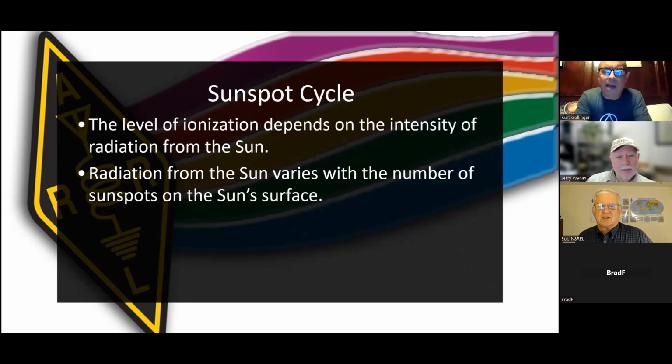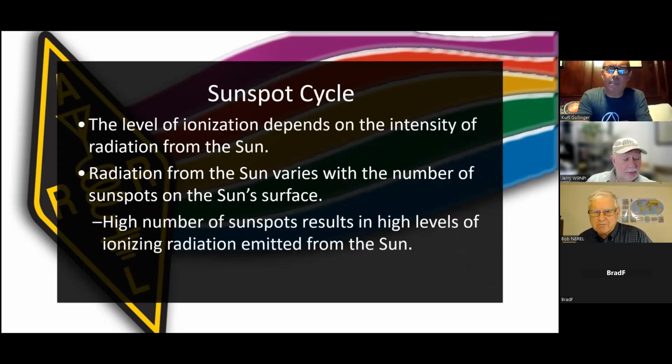Wait, Bob, sorry, quick question. When is the atmosphere more ionized and when is it not, generally speaking? Generally speaking, when there are more sunspots. Okay. And that's what we're getting to right now, the sunspot cycle.